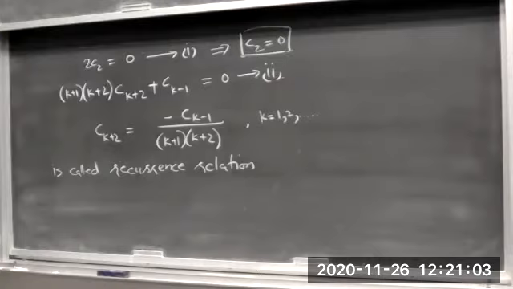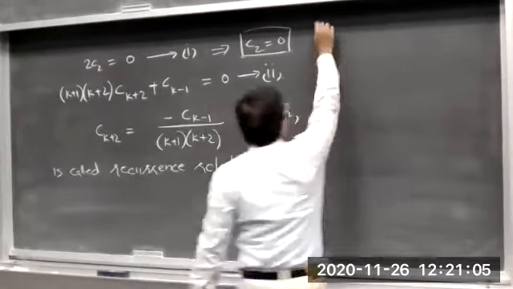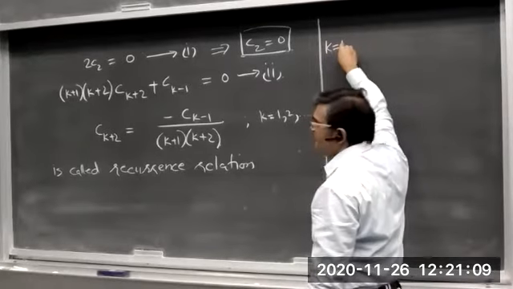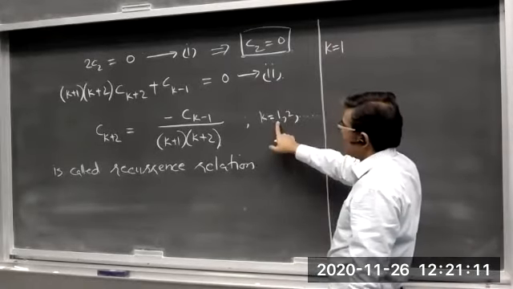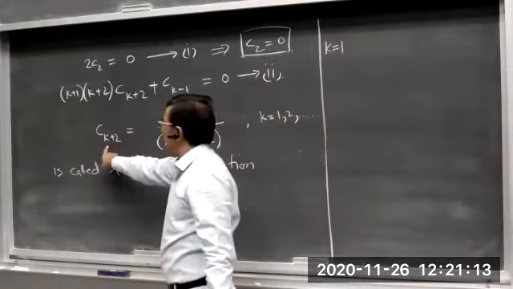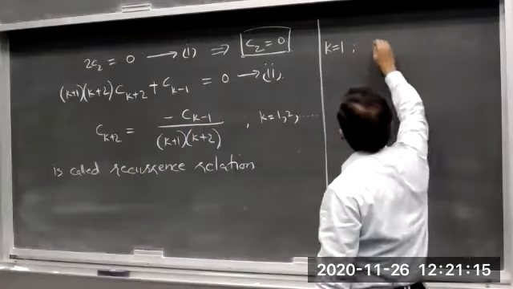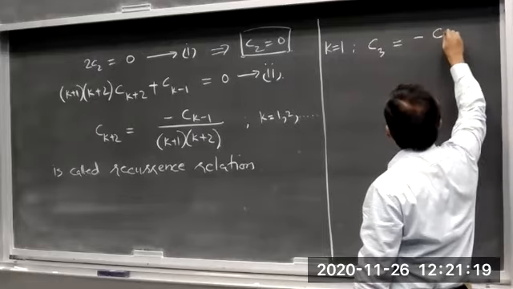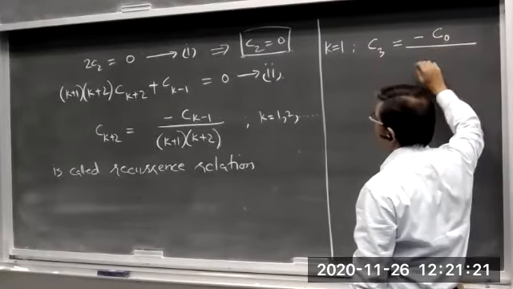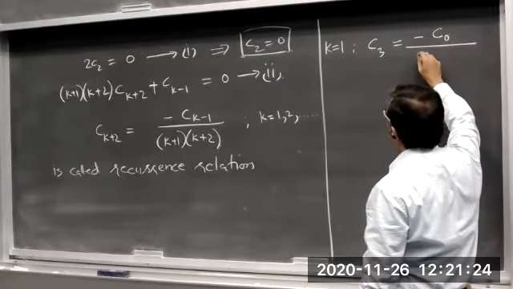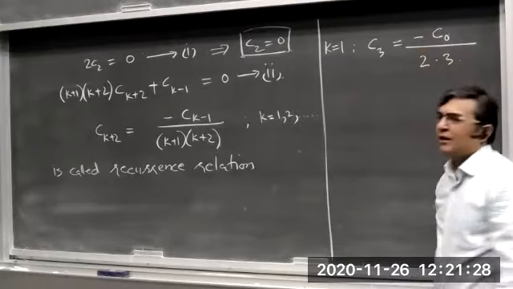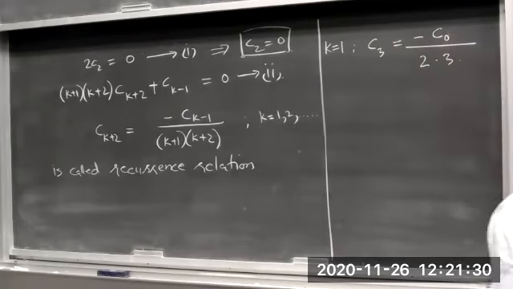Now, inserting the values of k. For example, if we put k is equal to 1 here, what do we obtain? It gives us c3 is equal to negative c0 divided by 2 into 3. So this is the value of c3.